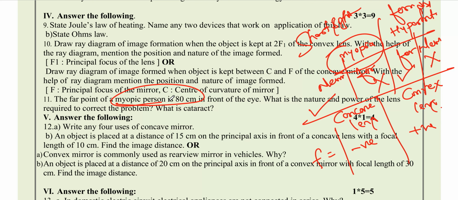X is minus 80 centimeters. Correct? X is minus 80 centimeter. Why did we put minus? Focal length is negative. In myopia, focal length is negative. So what is the nature?